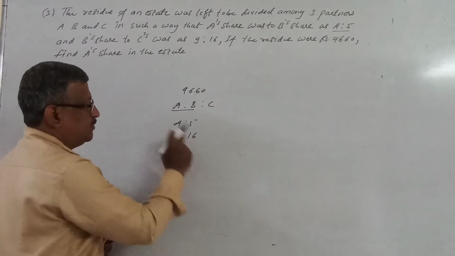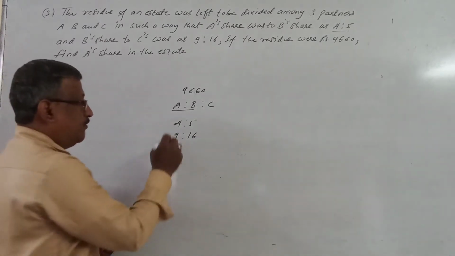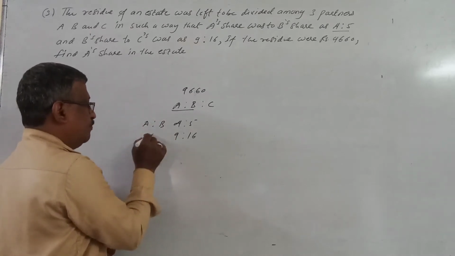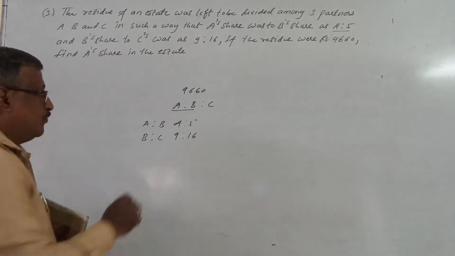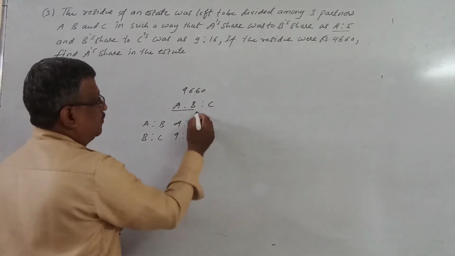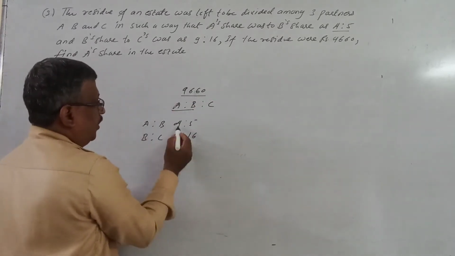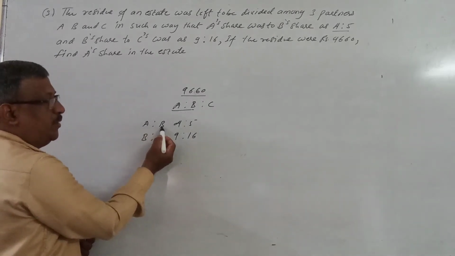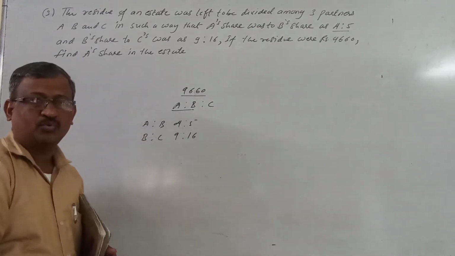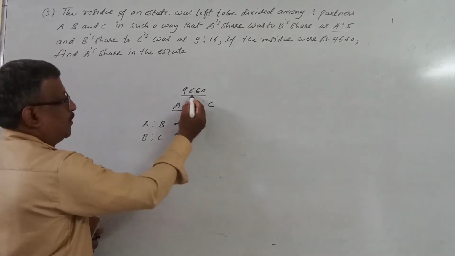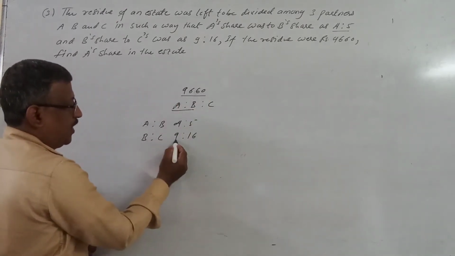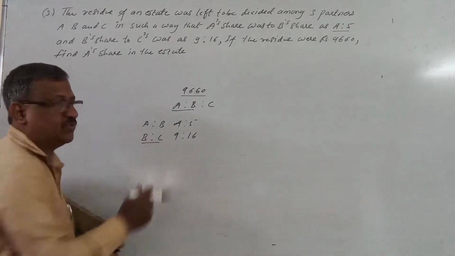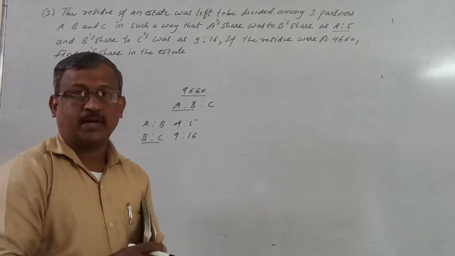This is A and B, and this is B and C. So from the given ratio of share of A to B and B to C, if you go to divide this property of 9,660 in the ratio of 4:5, the share will go only to A and B. Now the question is, from where to give to C? Or if you distribute this property of 9,660 in the ratio of 9:16, that property will go only to B and C. The question arises, from where to give to A? That is the problem.